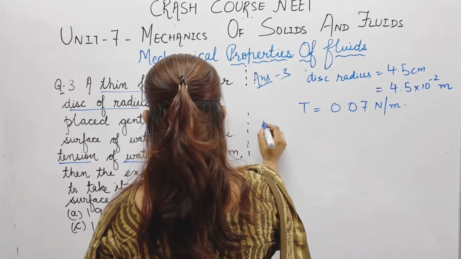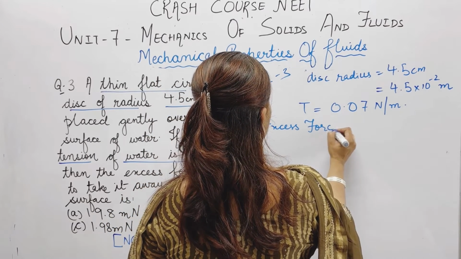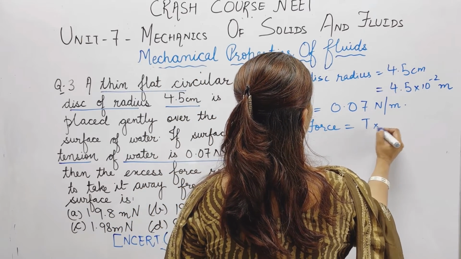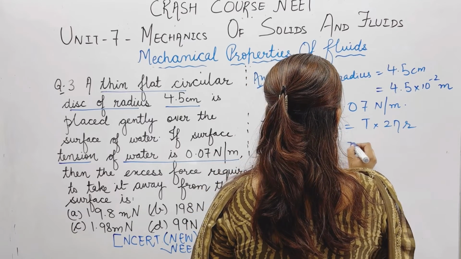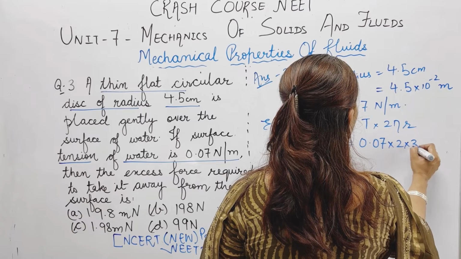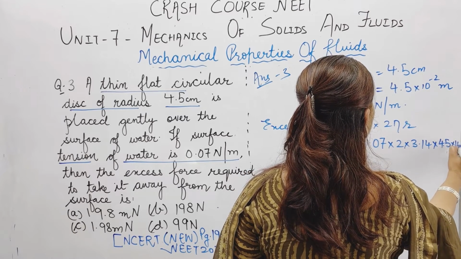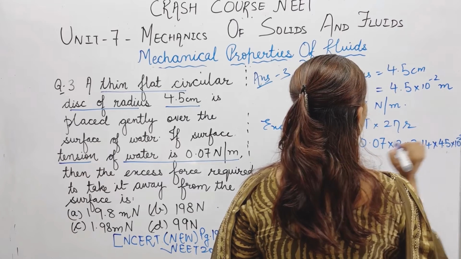Now the excess force is given by T into 2 pi r. 0.07 into 2 into 3.14 into 4.5 into 10 power minus 2.